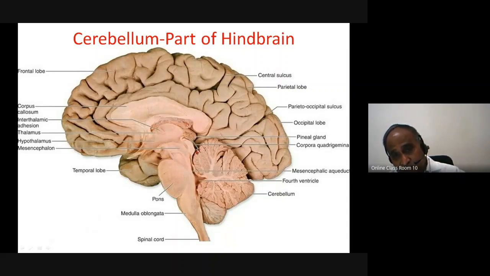So that means there is a representation of everything. In these folia there will be many more foldings, with the sulci coming up here. So this forms the cerebellum with many folia.